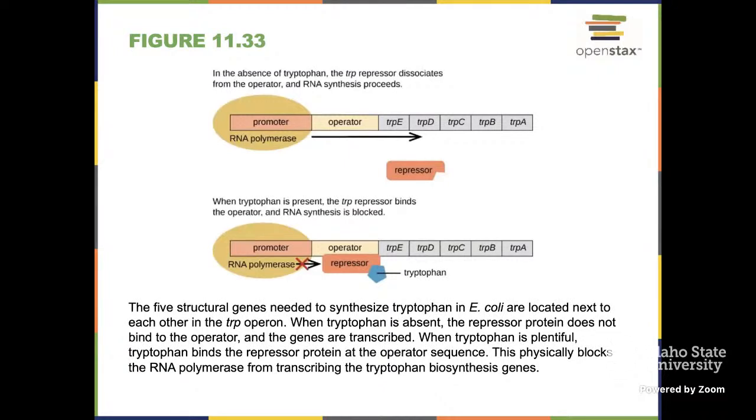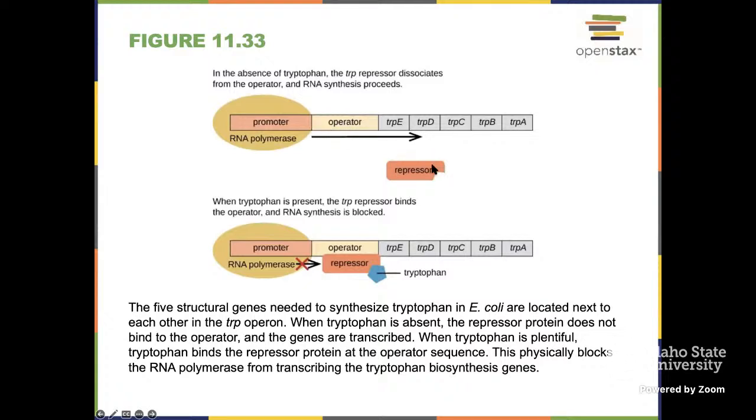So first off, tryptophan. Bacterial cells have the potential to be making their own tryptophan, right? They can do it. They've got genes that allow them to make it if they need, all right? So here's our promoter, the polymerase linking up, our operator, and everything's all fine and good.